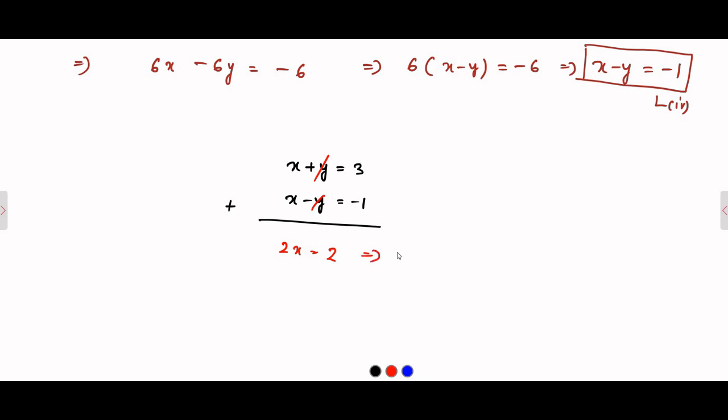That implies x is equal to 1. When we substitute it in any of these equations, let's say we substitute it here, that implies y is equal to 3 minus x, which is 3 minus 1, which is equal to 2. So y is equal to 2. Okay, so we have got x is equal to 1, y is equal to 2.